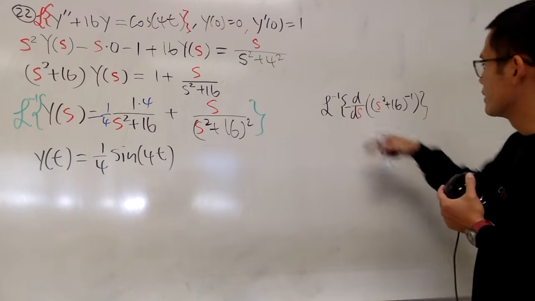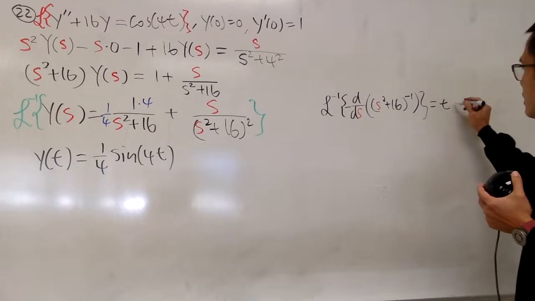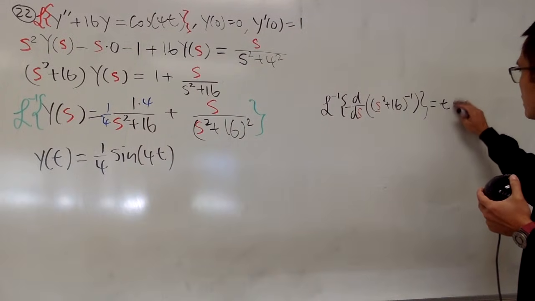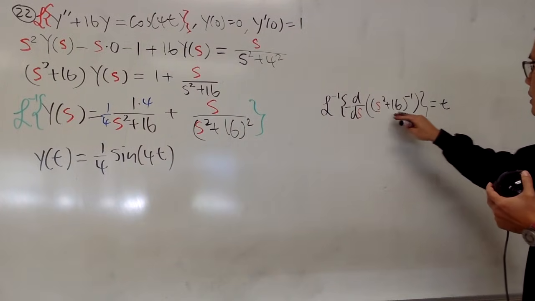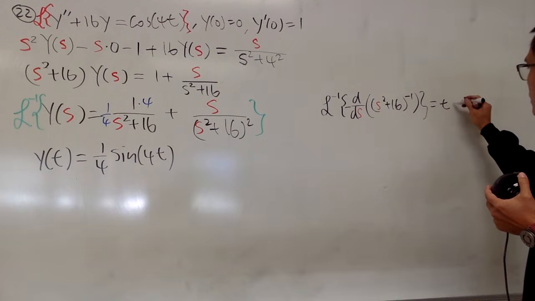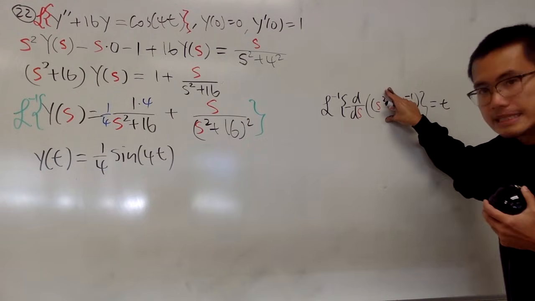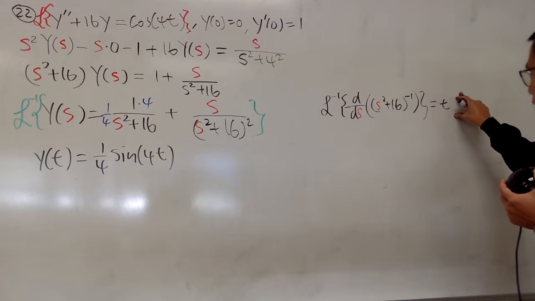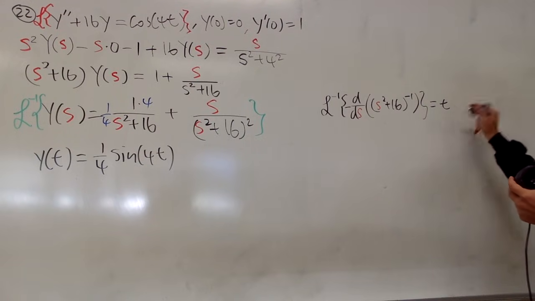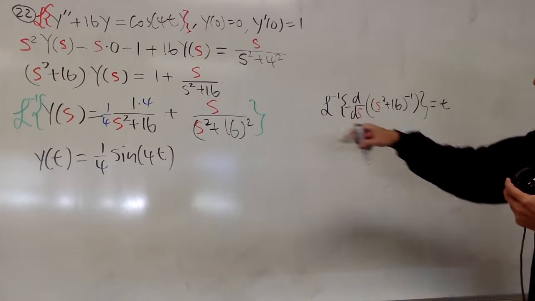Well, if you would like, you can put a negative right here. In that case, you just do t of f of t, right? Which is, this is supposed to be f of s, and then this is supposed to be little f of little t.